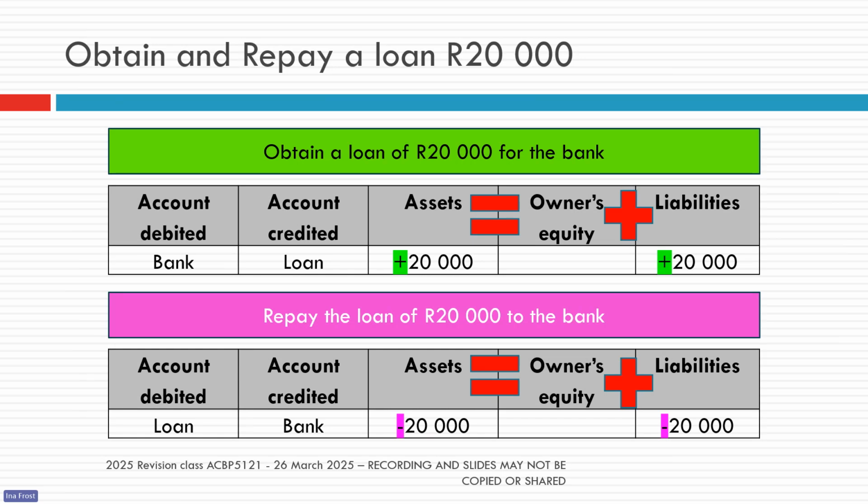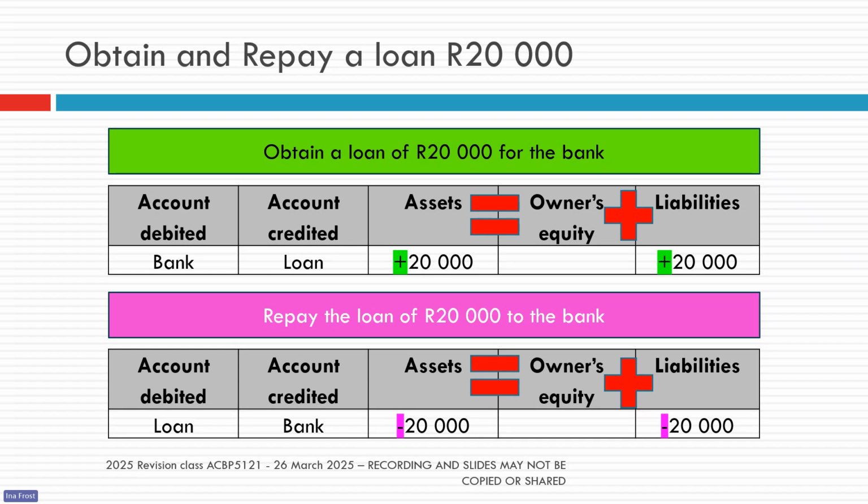On this slide, I've shown you the contrast between the two transactions. At the top in the green block, where we obtain the 20,000 rand loan: assets plus, liabilities plus. And in the bottom, more purple colored block, when we repay the loan: now it's assets minus, liabilities minus.